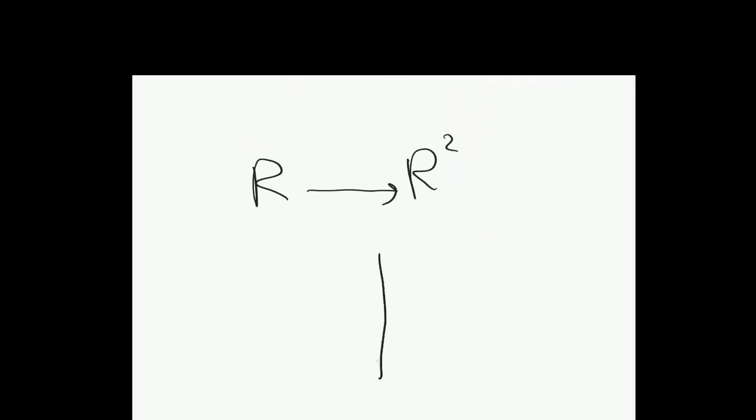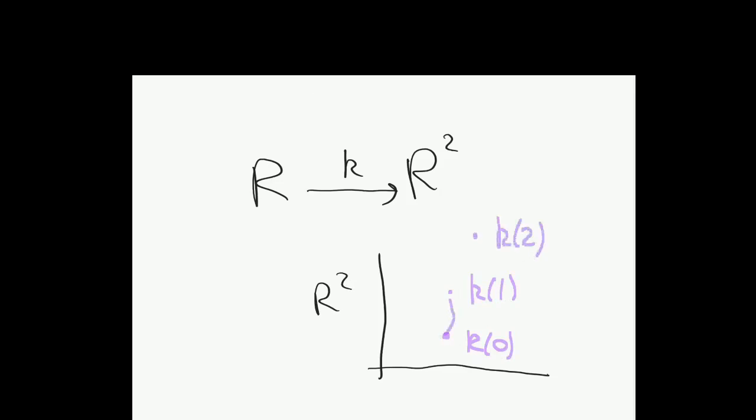Well, here's R squared, or a little picture of it, and then there's going to be a certain value that this function, let's say k, sends 0 to. So maybe this is k of 0 in our plane. And then maybe this here is k of 1, and this here is k of 2.